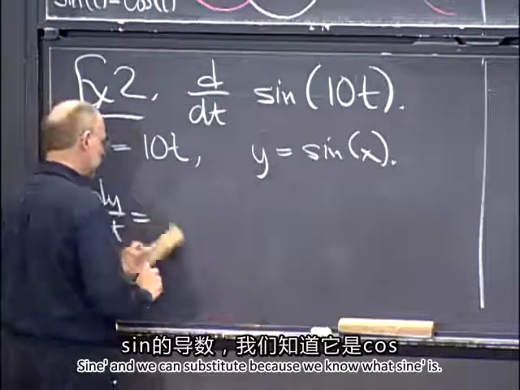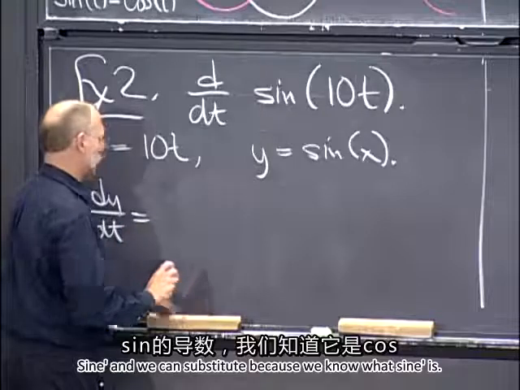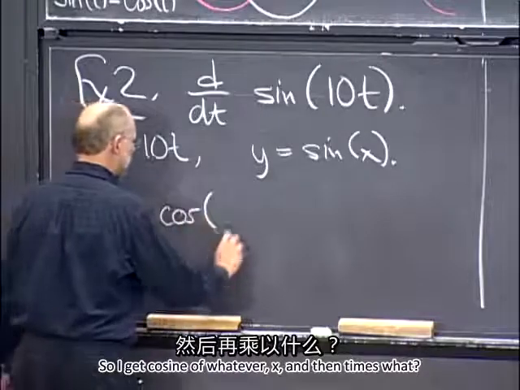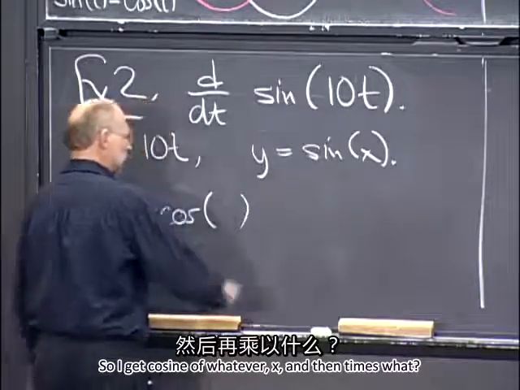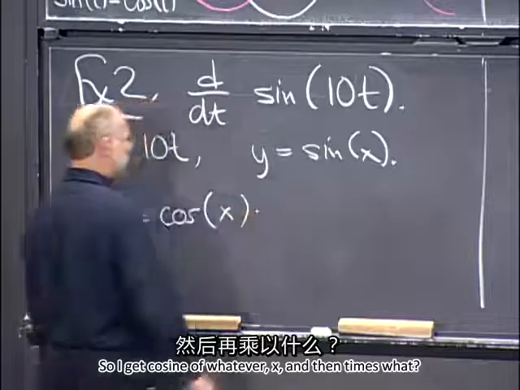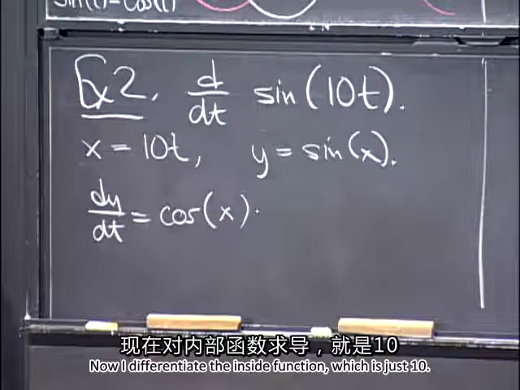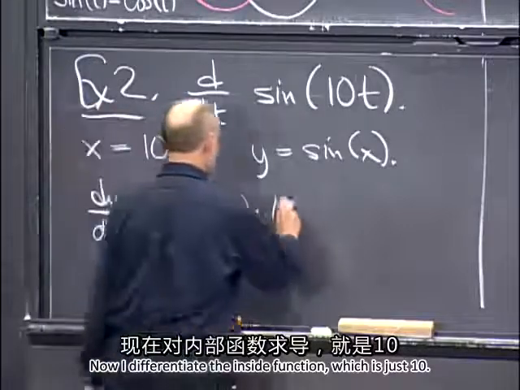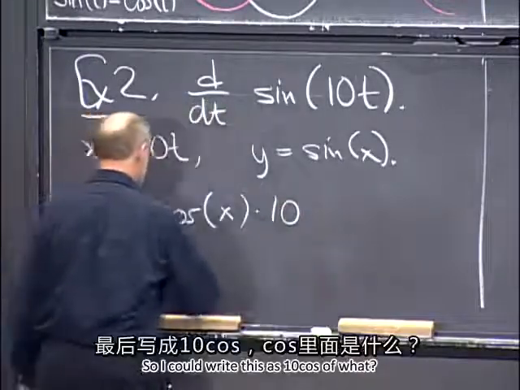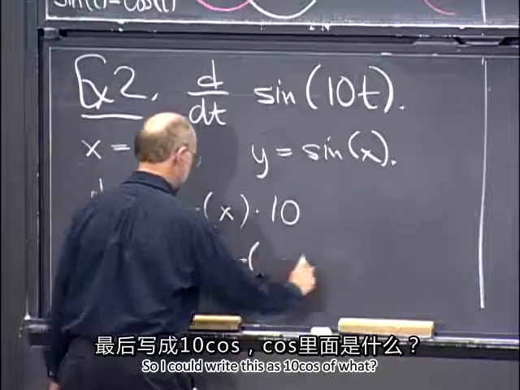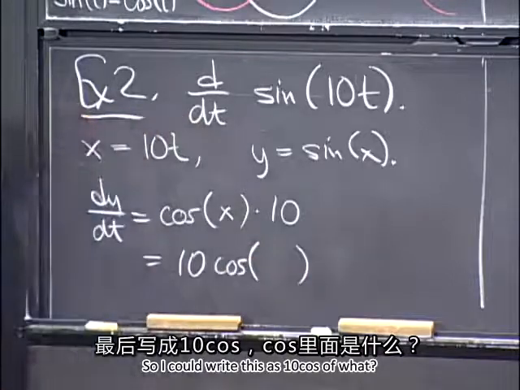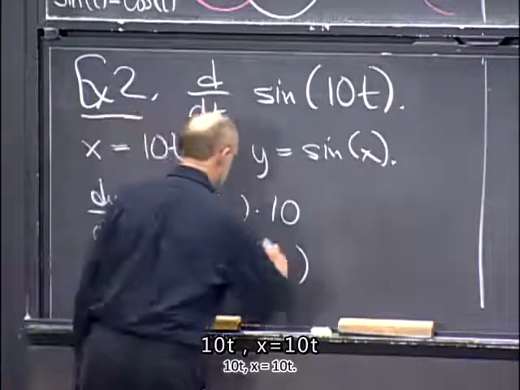We know what sine prime is. So I get cosine of whatever, x, and then times what? Now I differentiate the inside function, which is just 10. So I could write this as 10 cosine of what? 10t. x is 10t.